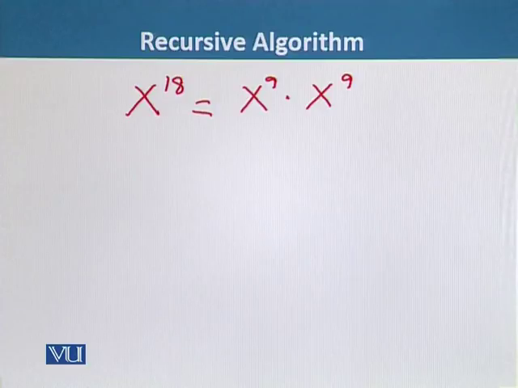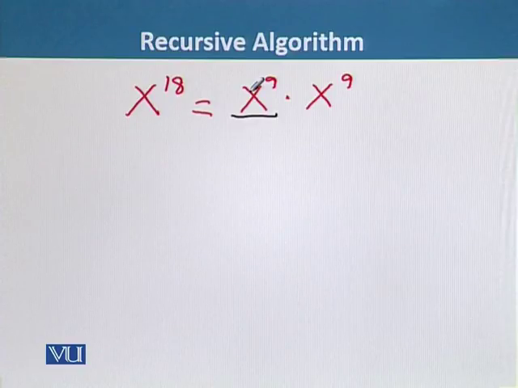So we divided it into two parts, x^9 and x^9. Now it will be much easier to get the answer. We compute x^9 and then multiply the answer by the same x^9. So it will save time and many of the steps involved.